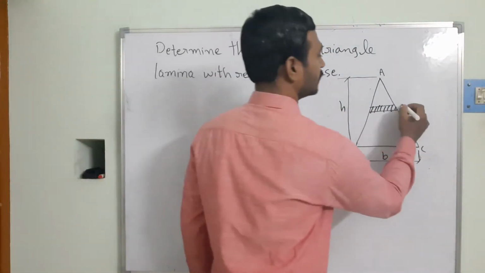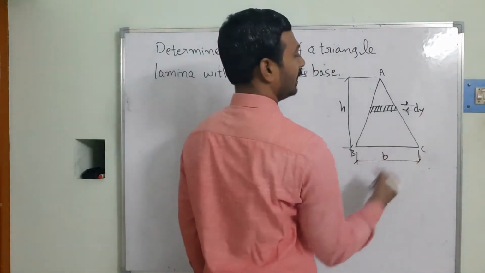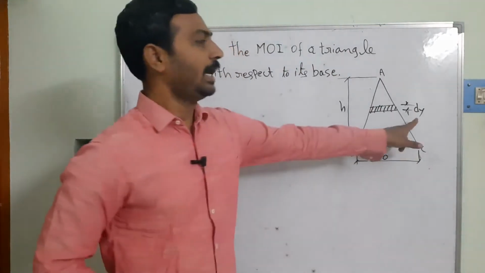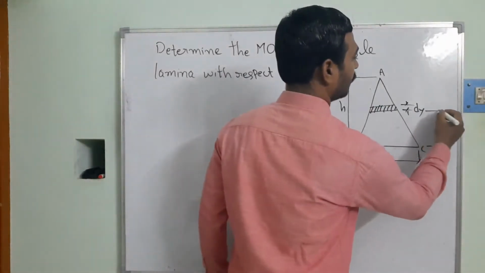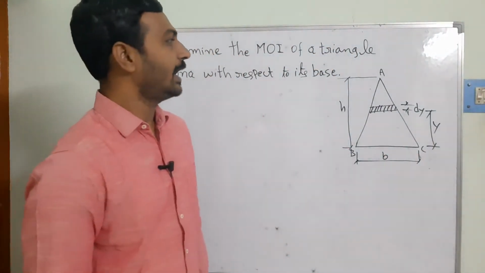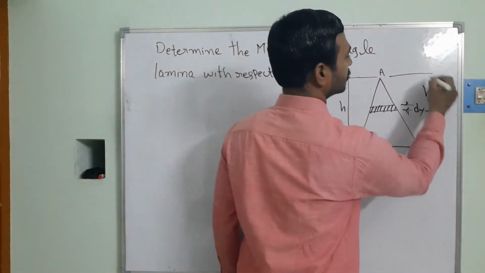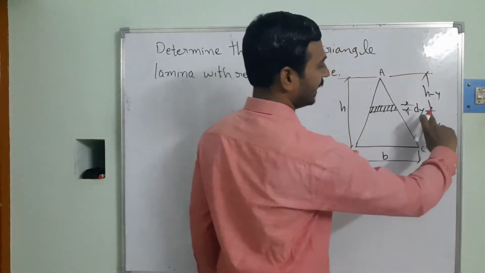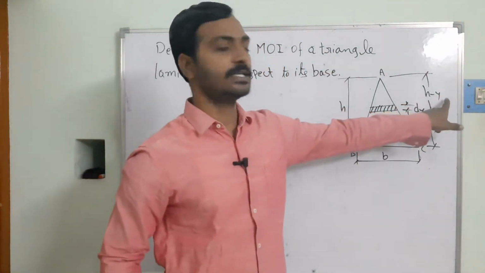The thickness of this strip is dy, because I am taking it along the y axis, and it is located at a distance y from the base. From the apex, the height is h minus y. This height is y and the total height is h, that's why I am taking h minus y.